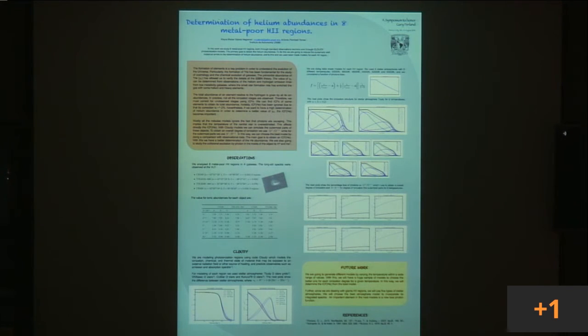We are going to use tailor-made models for HII regions, and for this we are doing Cloudy models using four stellar atmospheres, and a loss photon function.